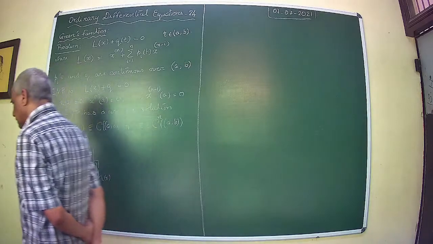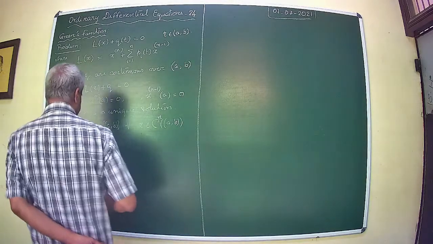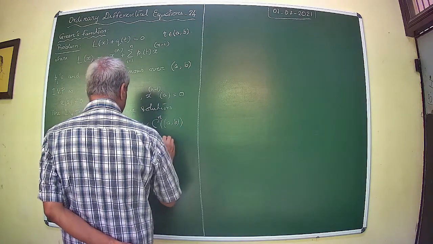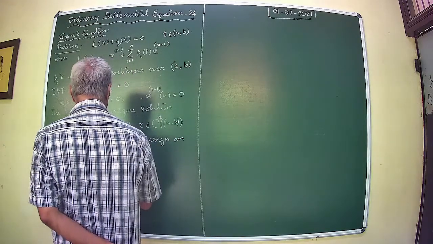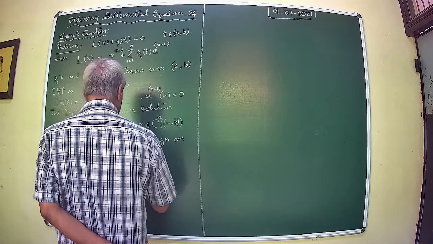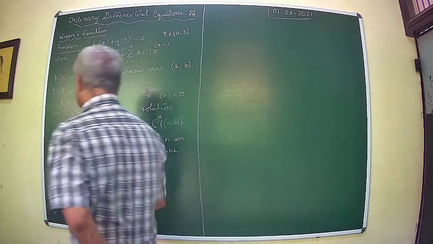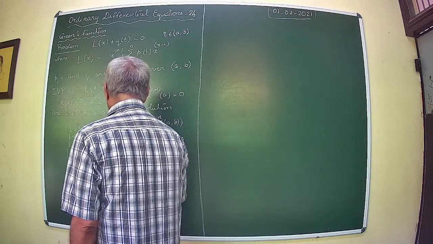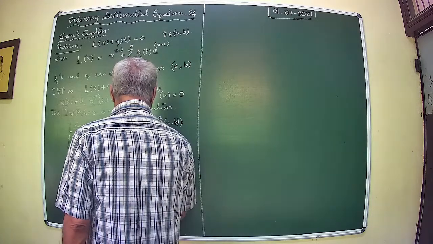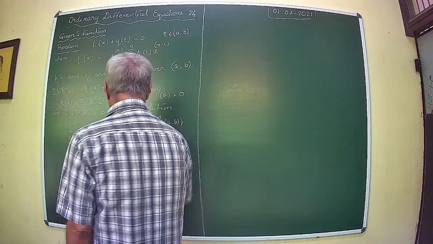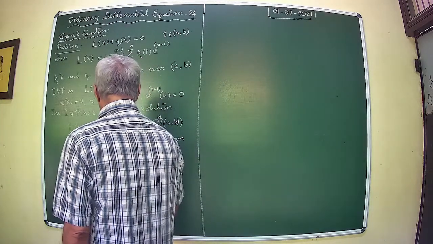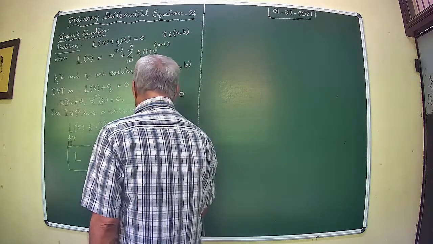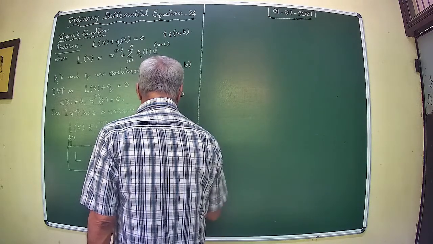Now our problem is this: can you design an inverse machine so that given any q belonging to C[a,b], we get x determined?